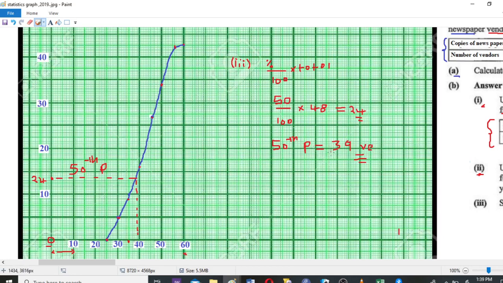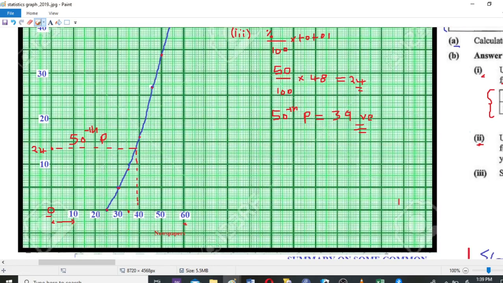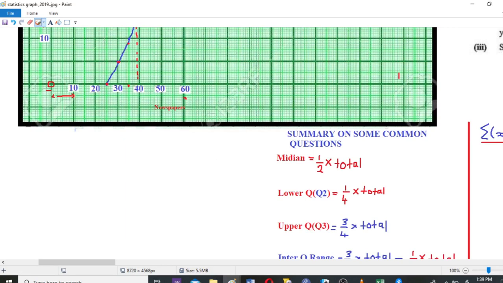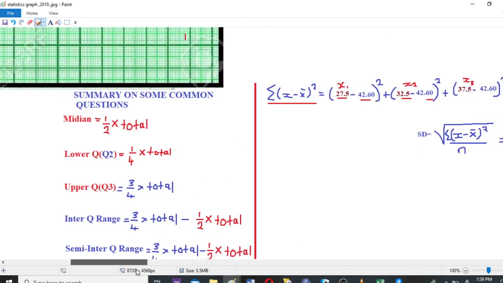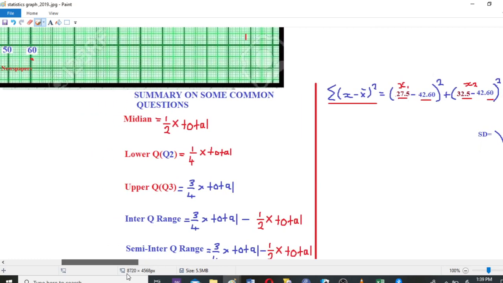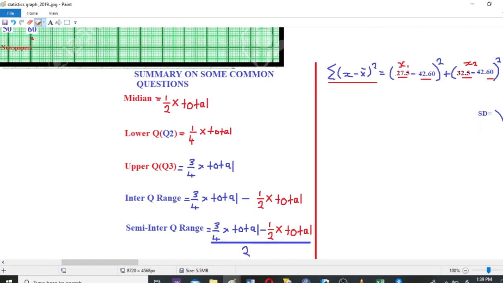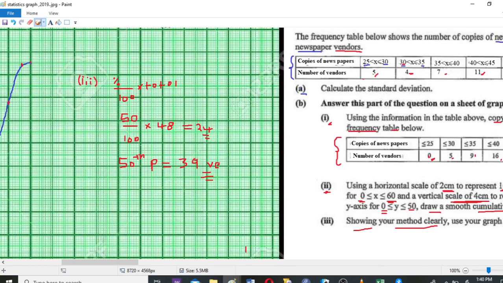Now there's just something else that I want to show you. We have finished answering the questions. Sometimes you may be asked to calculate the median. Just use this procedure that we have used to find the 50th percentile.